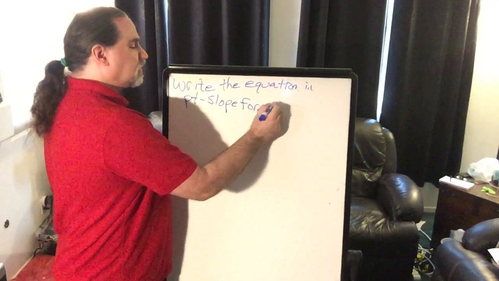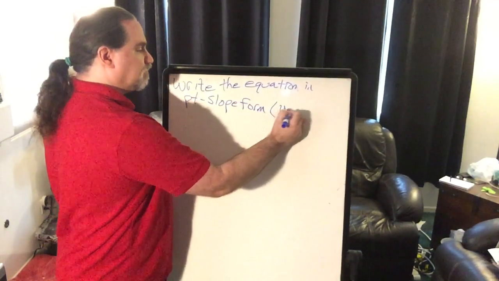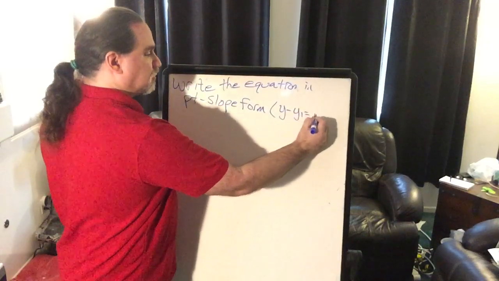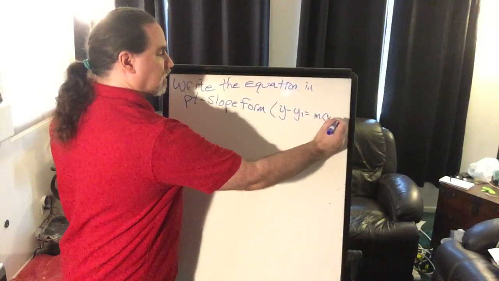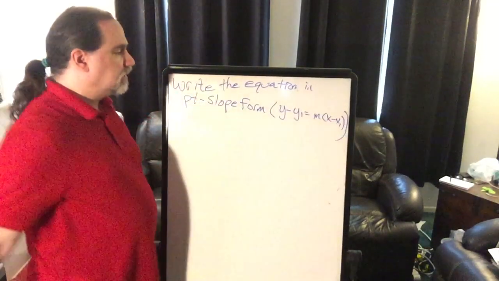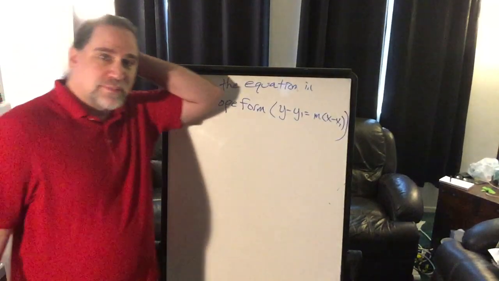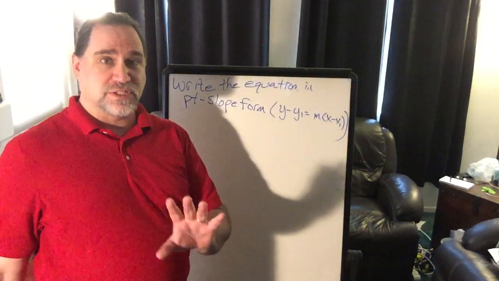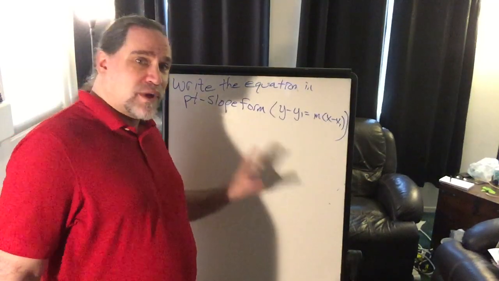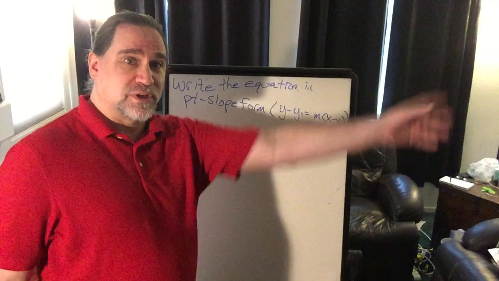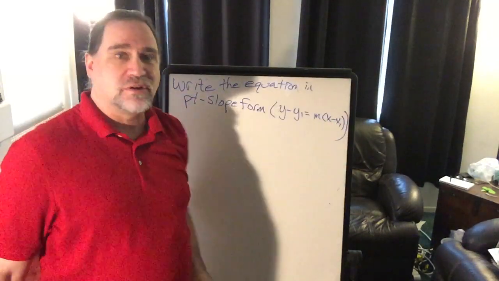And they may not even tell you to do it in a specific form, but we really want to get used to this form. It's a great form. They might ask you to write it in slope-intercept form. We're going to see later in this lesson that this is a great way to get to that one. We saw how to do it in that lesson, but we're going to see another way that's maybe even a little easier.